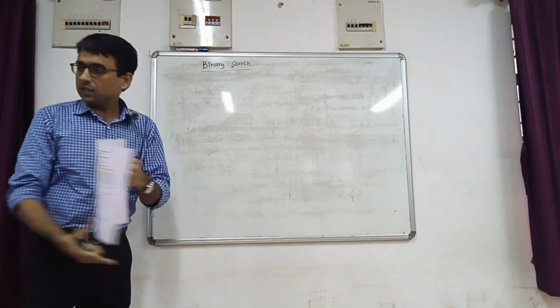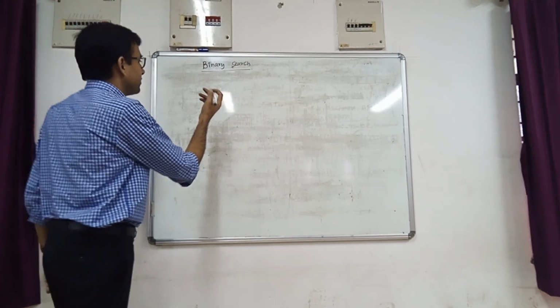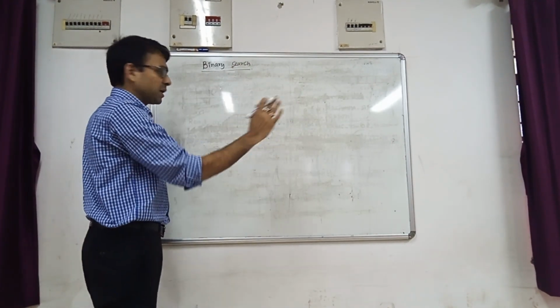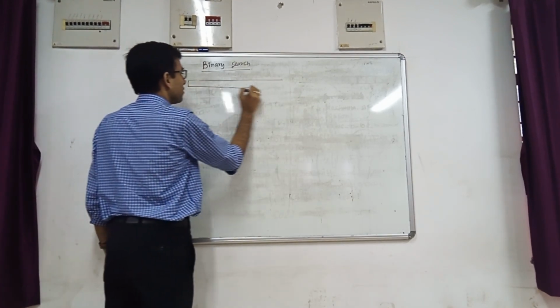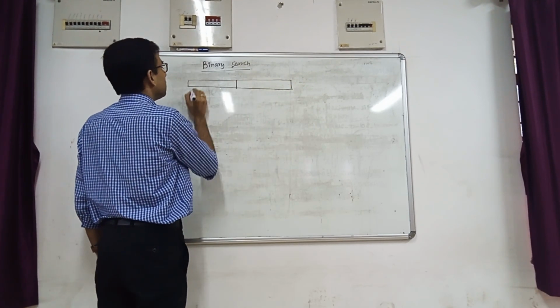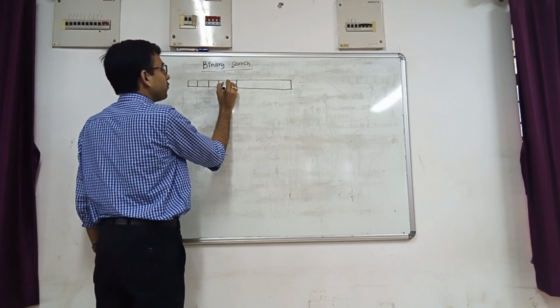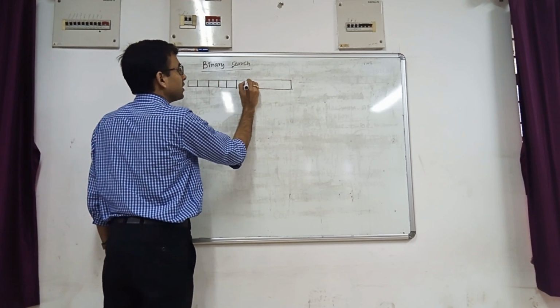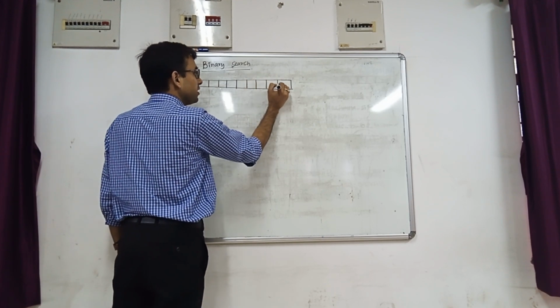So basically the target is given, the remaining things are the same. That means the array is given, say 10 elements. So 1, 2, 3, 4, 5, then 6, 7, 8, 9, 10.